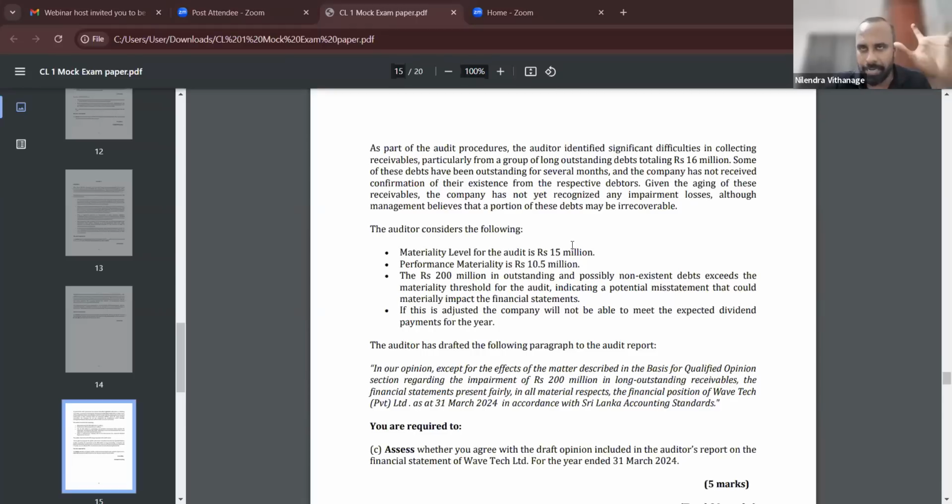Receivables overstated. Long outstanding debtors are there. Impairment not recognized. 16 million, above the materiality level. So what? A misstatement which is material. You need to go for a qualified opinion. Right?